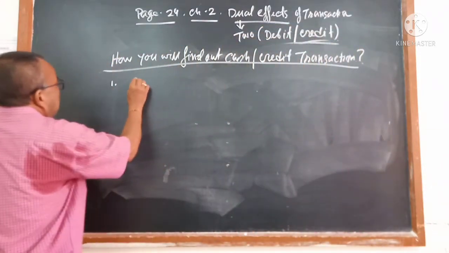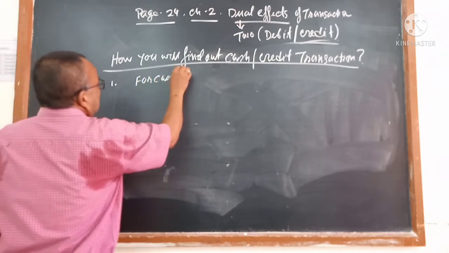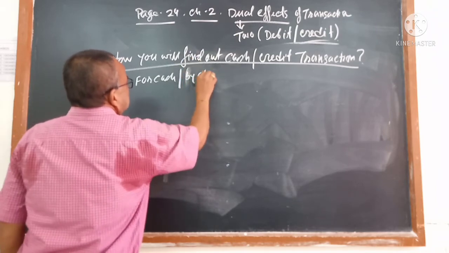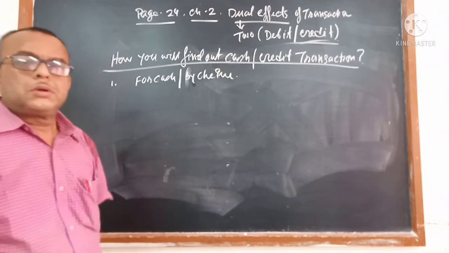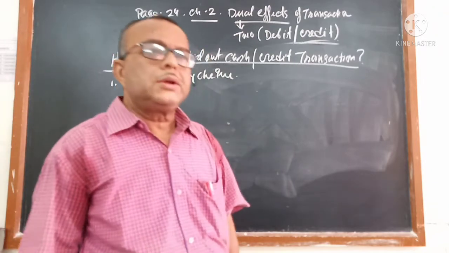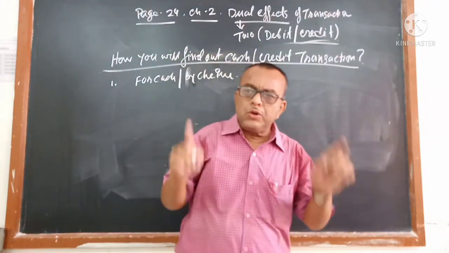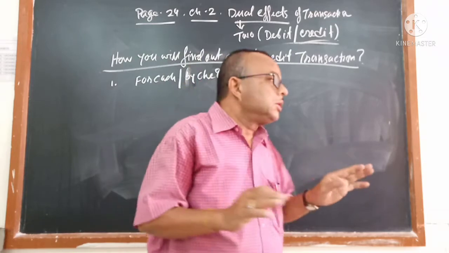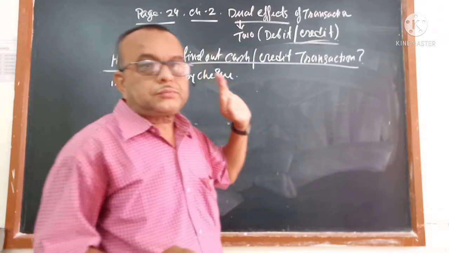We will find out the word for cash or by check. You read the sentence and find out whether it is written anywhere, either the words for cash or by check.